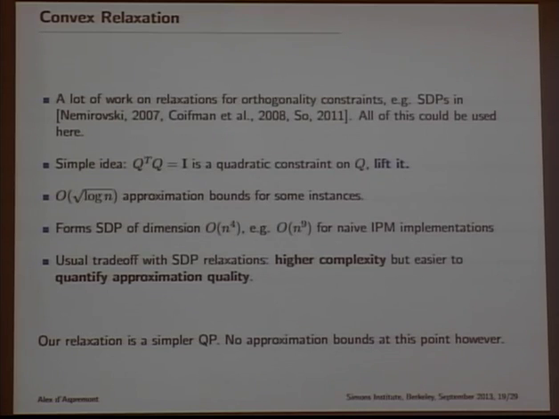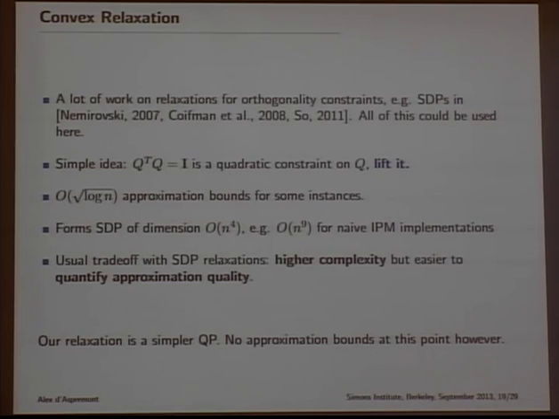They're based on a very simple observation, which is that when you have a constraint like Q transpose Q equals the identity, well, it's an orthogonality constraint, but if you look at the matrix Q as a vector, it's also a quadratic constraint on the vector Q, okay? And so if you have a non-convex quadratic constraint on Q, you can simply lift it using the traditional semi-definite relaxation technique, okay?